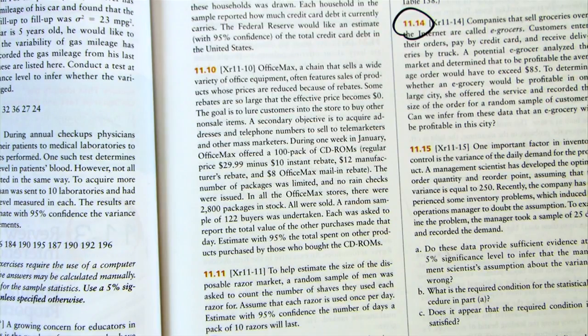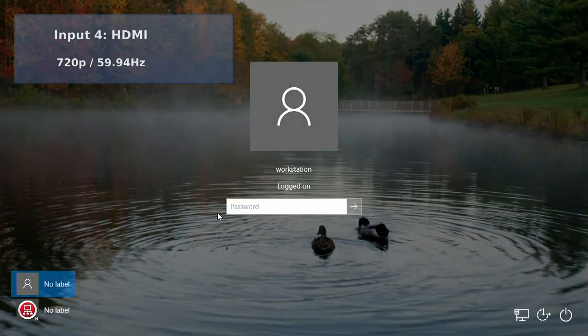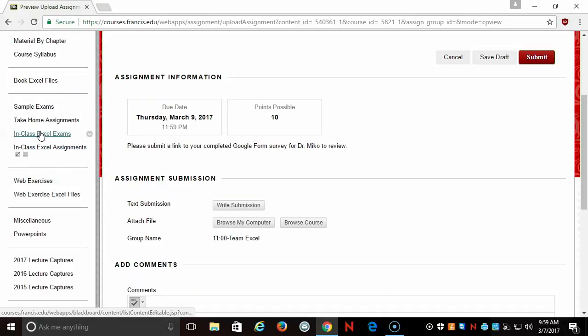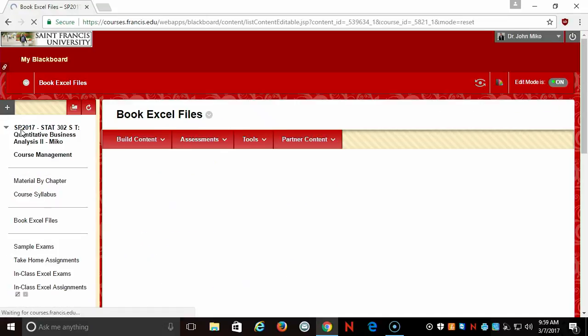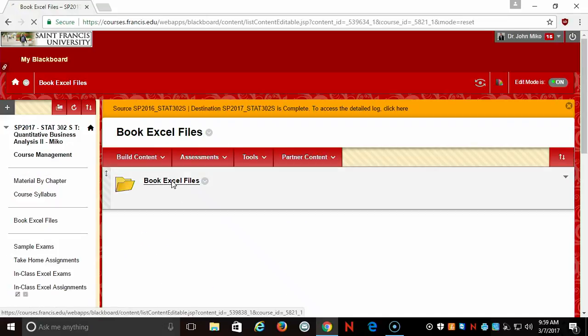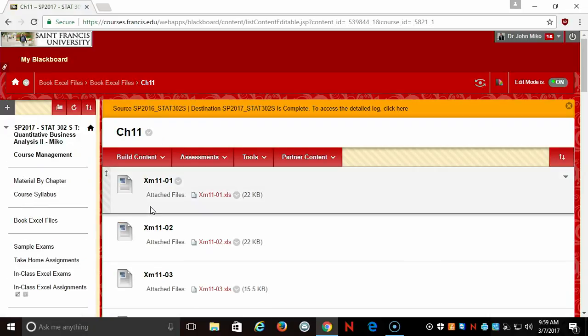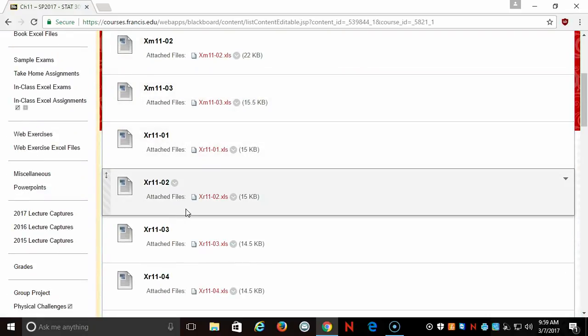So let's pull up that data. So I'm going to go to Blackboard. And let's go to Book Excel Files, Chapter 11. And this is XR 11-10.